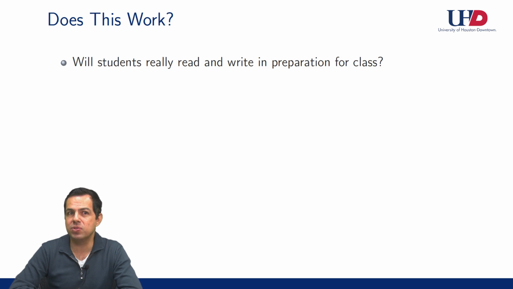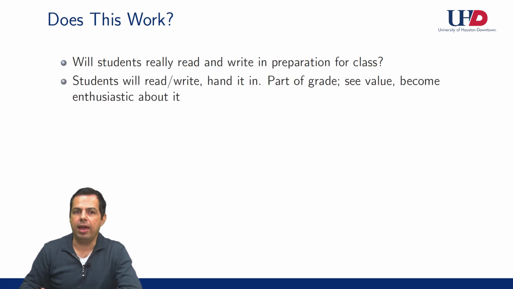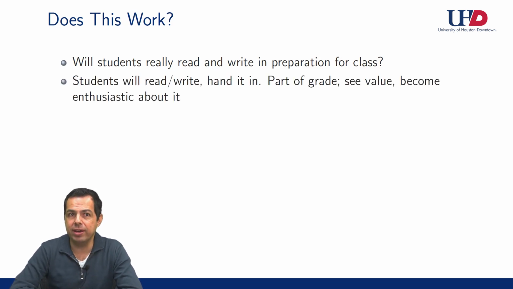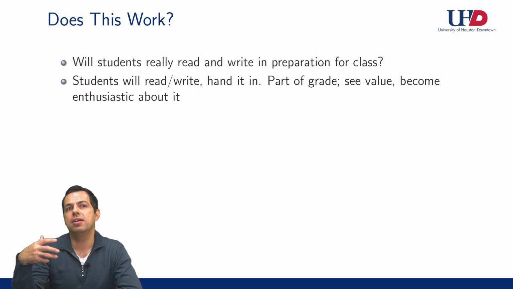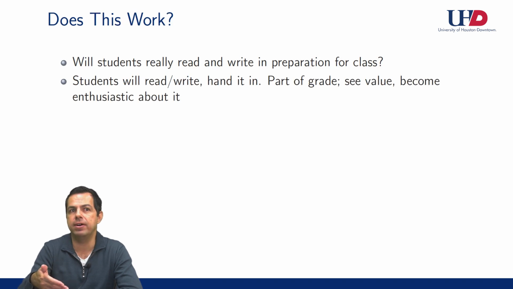you have to make the students read, okay? And the students will read and write, even in basic classes, even in core classes like college algebra, if you assign weight to this for the final grade. It has to count for the final grade so that students read.